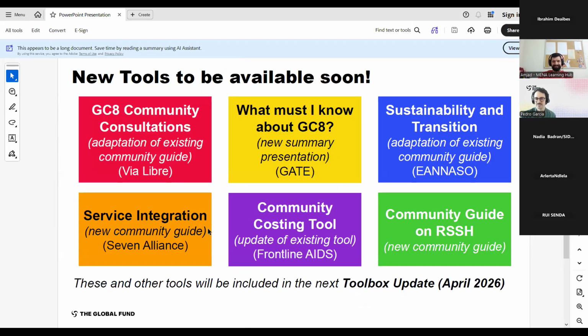There are other updates that will be available soon and will also be integrated in the toolbox once it's updated. Anil already made a great presentation on what we call the summary presentation, or summary slides, on what communities must know about GC8. That was led by GATE, in partnership with KP Networks and other global networks.